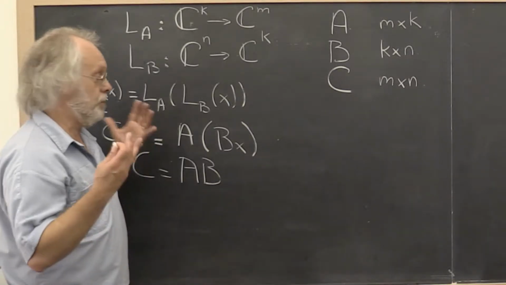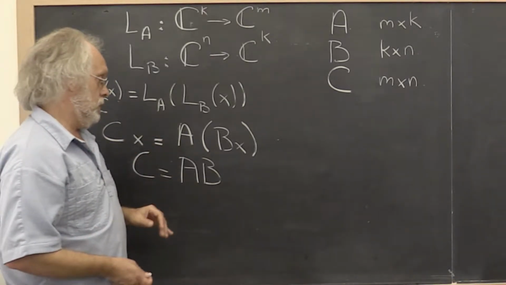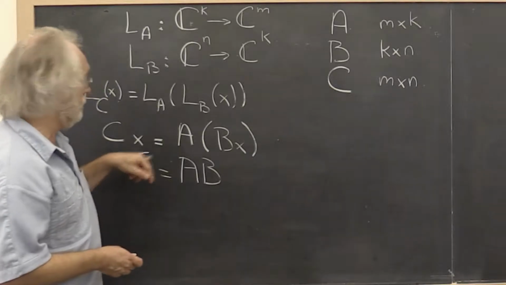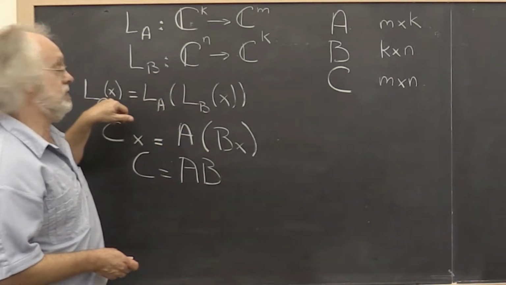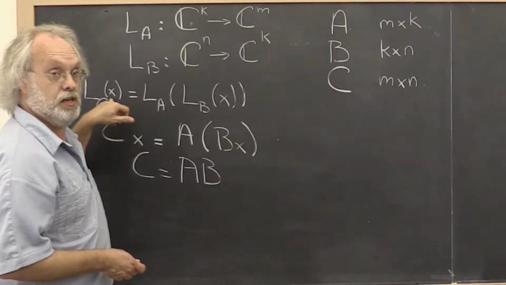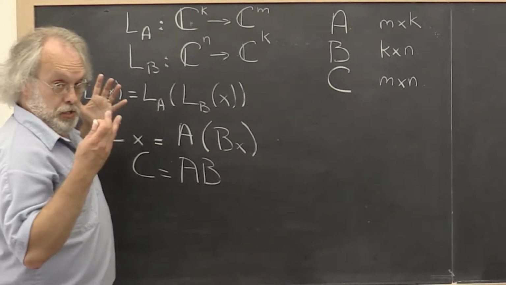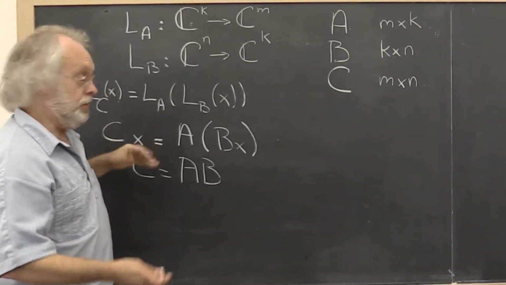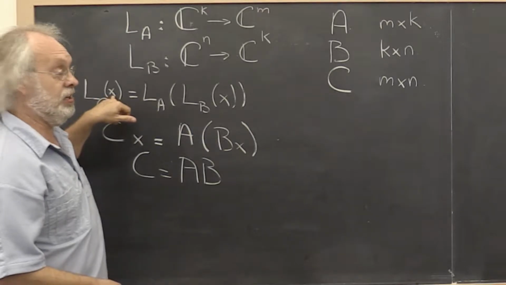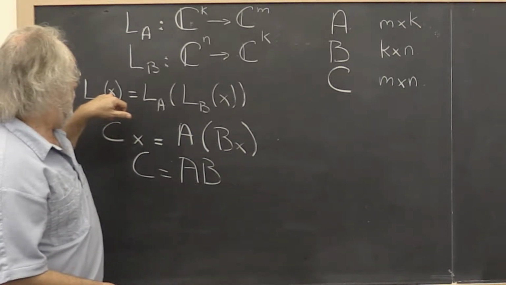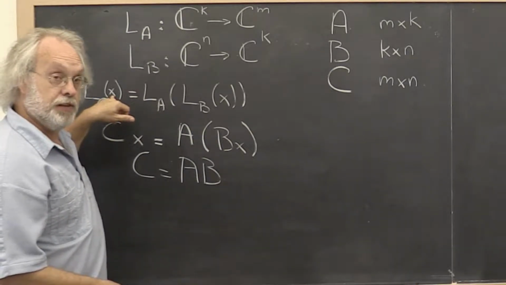All right? Now, what did we just learn? We just learned that the columns of the matrix that represents a linear transformation can be computed by plugging in the standard basis vectors.